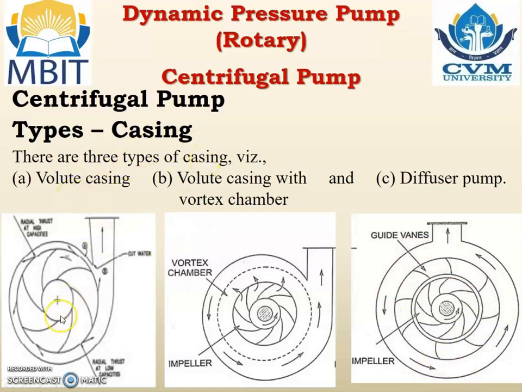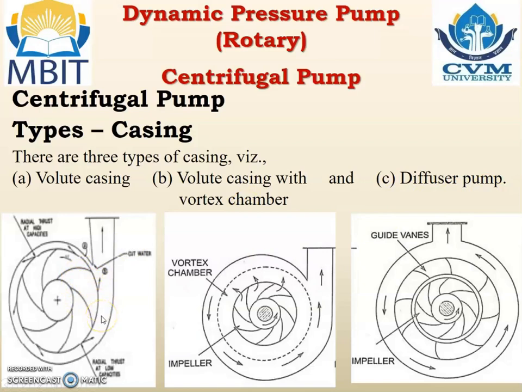The efficiency, or the water lifting capacity, of the volute casing is less, and it is highest in case of the diffuser pump. Now why? Because when the liquid comes out from the impeller, it is at very high velocity.